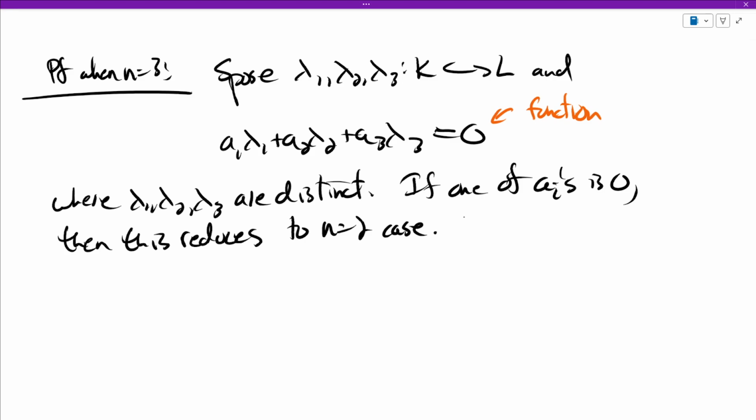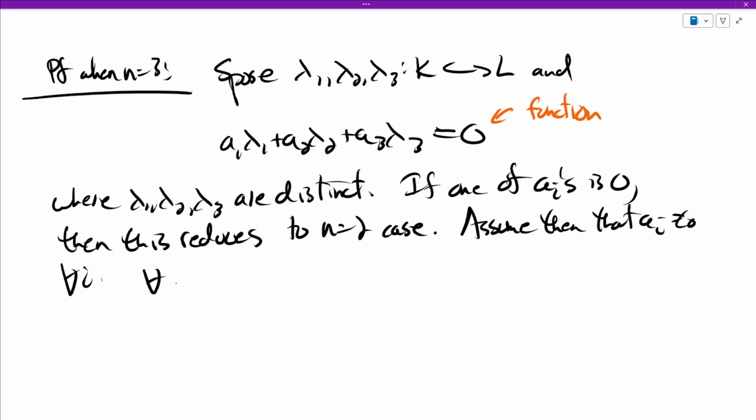So we can assume then that none of the a's are 0. All right, cool. So none of the a's are 0. We have a combination of our lambdas that gives us 0. What does that mean?